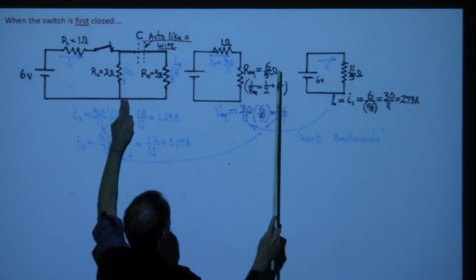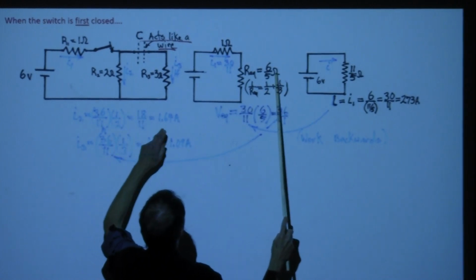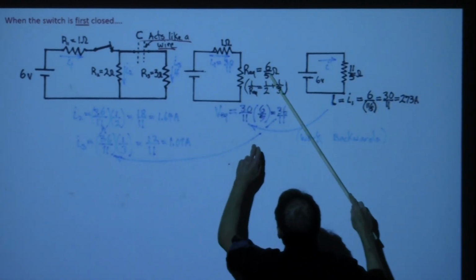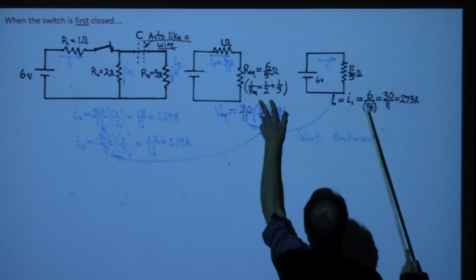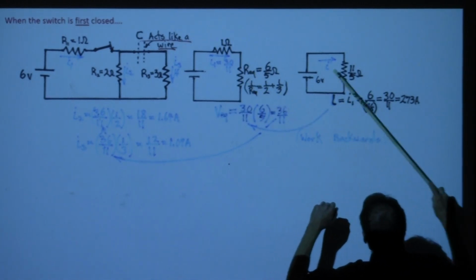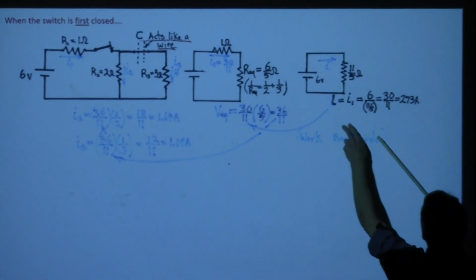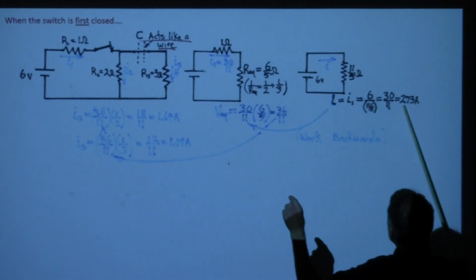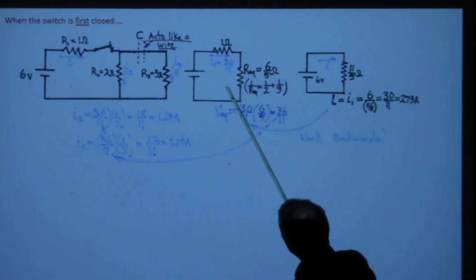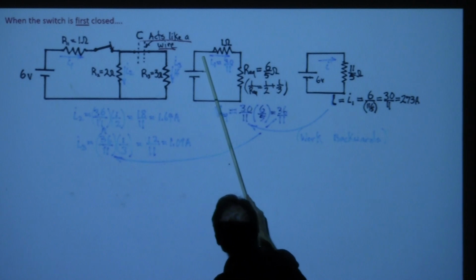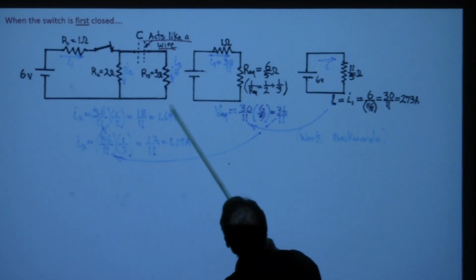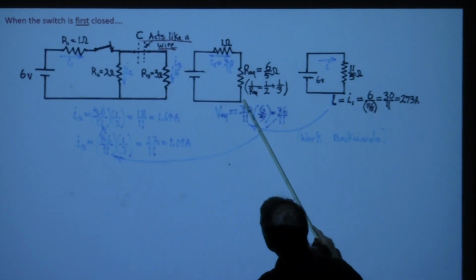I can reduce that with an equivalent resistance. From that equivalent resistance, I can determine what the current is when I first throw the switch. Now, that current is going to be the same through the 1 ohm as it is through this R equivalent.